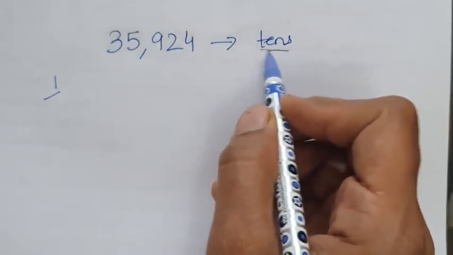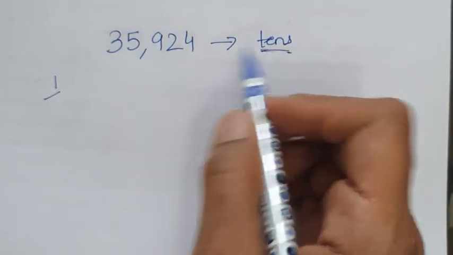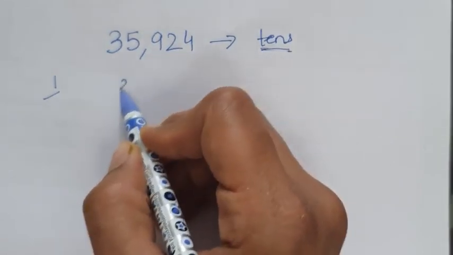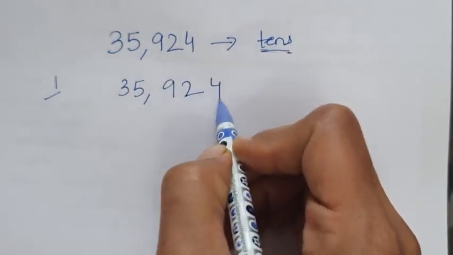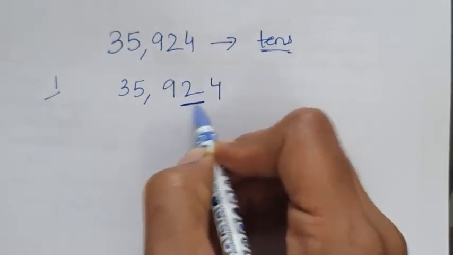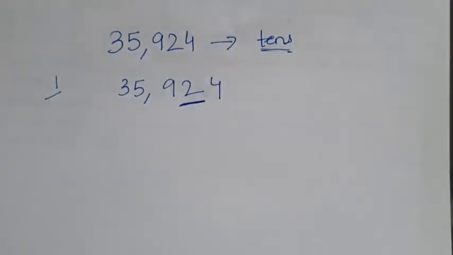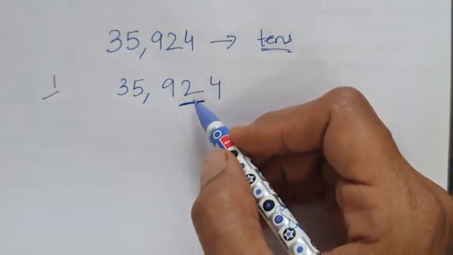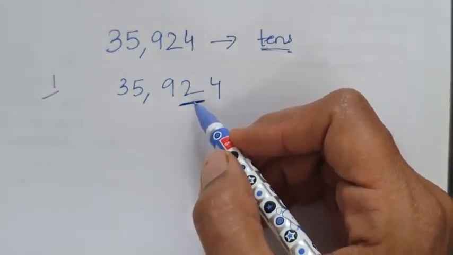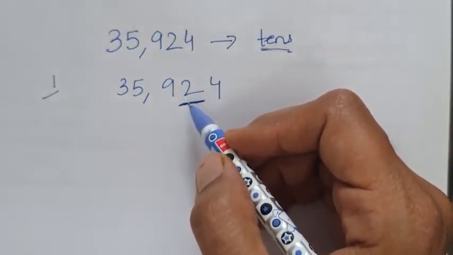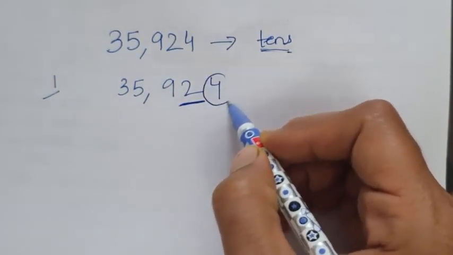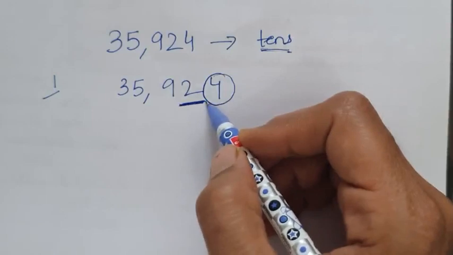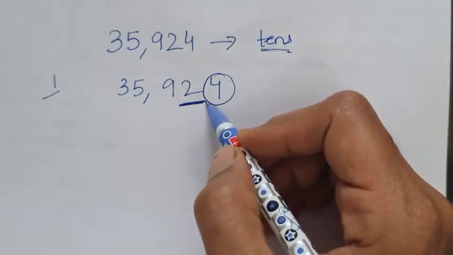Now at tens place we have to round off, so let us underline the digit at tens place, that is digit 2. Now the second step is what? We will circle the digit which is just next to the underlined digit.